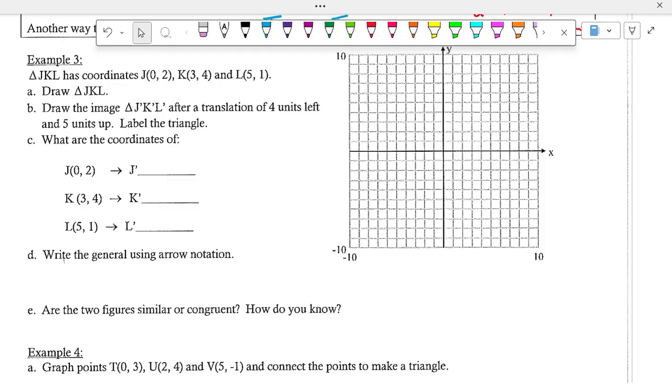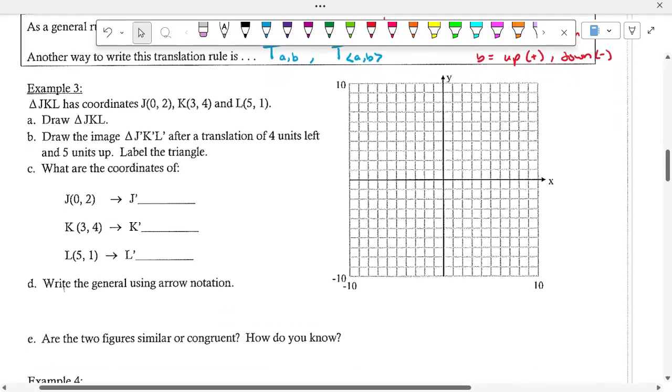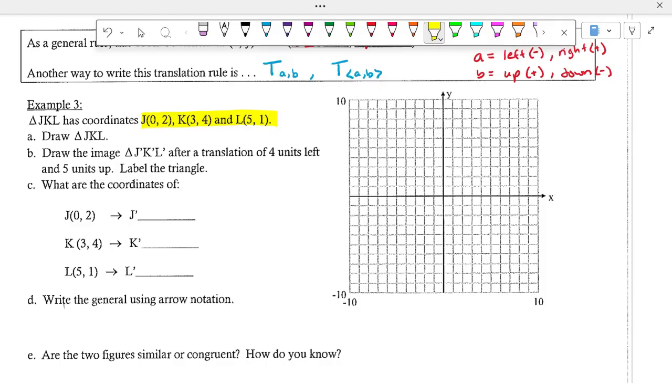Okay. So what we're going to do is talk about the rule, how to write it. If I look at example 3, we're given these points. Take a minute and graph them. Make sure you label. So 0, 2 is J. 3, 4 is K. 5, 1 is L.